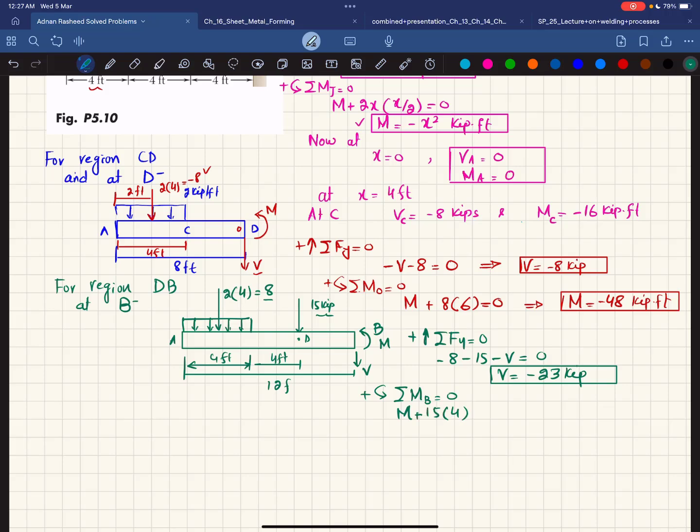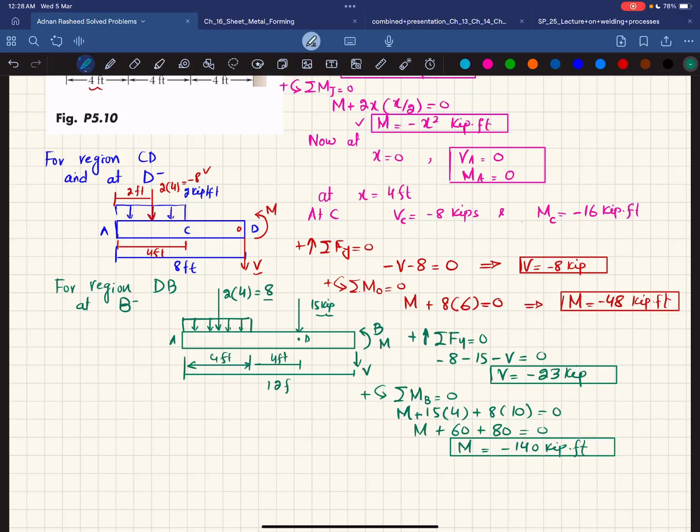And the last one is this 8 into perpendicular distance, this is 2, 4 and 4 is 10. So plus 8 into 10 is equal to 0. Okay. Now M plus this is 60 plus this is 80 is equal to 0. So it means that moment is equal to minus 140 kips into feet.